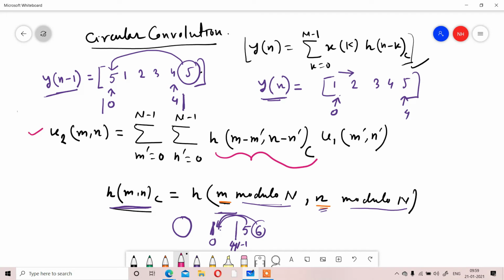That operation is happening here for that circular convolution expression. Clear?